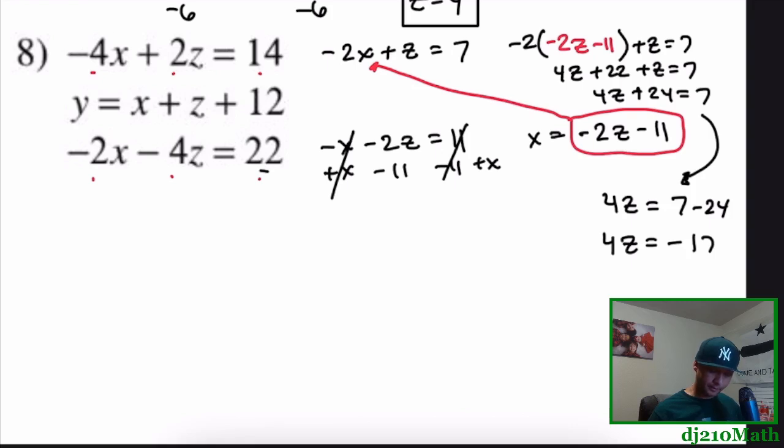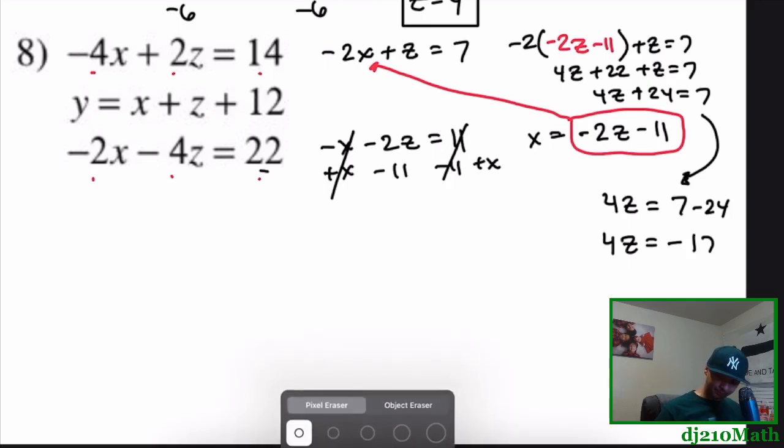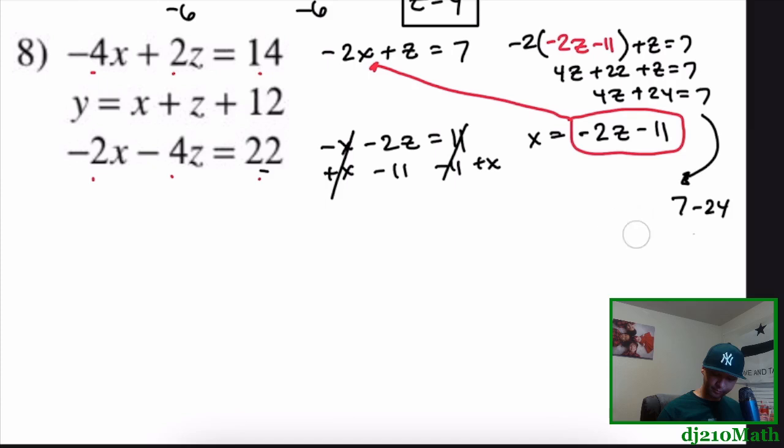When we plugged in x, which is negative 2z minus 11, negative 2 times negative 2 is positive 4. Negative 2 times negative 11 is positive 22, plus z. Oh, wait, the plus z. That's where it was. I even struck my z too. That's crazy.